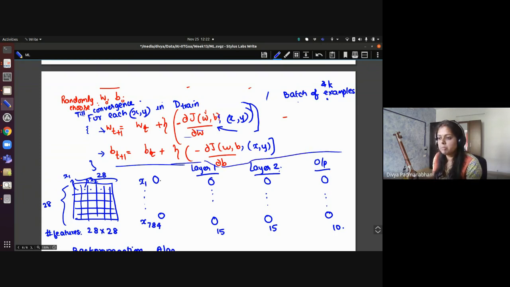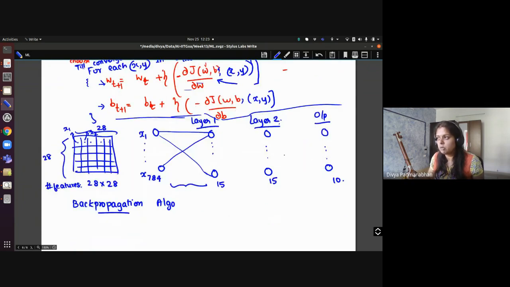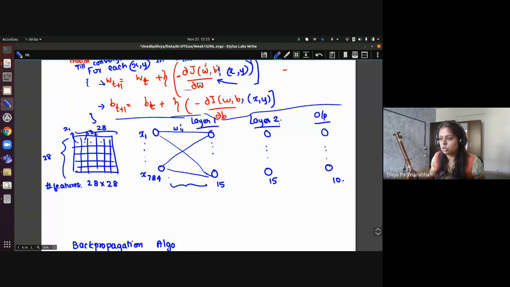Okay, so the number of weights that you will have, right? You're considering the most general network, where you have connections between every neuron in a layer to the next. What will be the number of weights in layer 1? So this is like W_111 all the way up to W_784,15,1.